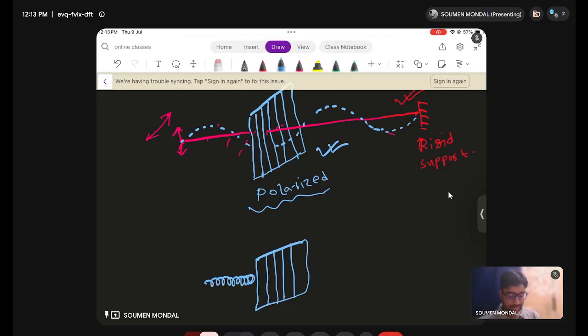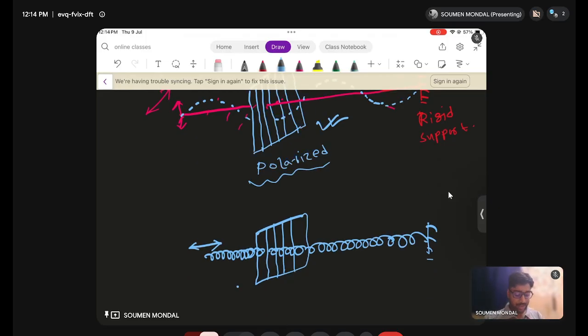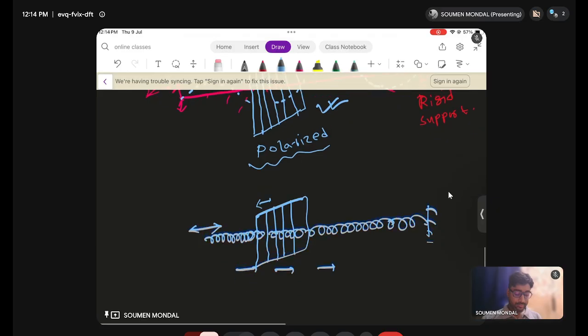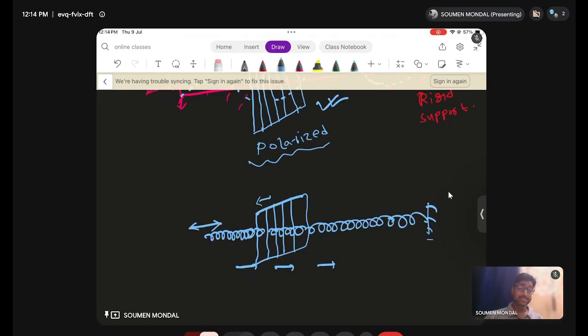The thickness of the spring is such that it very easily passes through the fence bars. A longitudinal wave, that means a series of compressions and rarefactions, travels through the spring without any obstacle, with the assumption that the thickness of the spring is less than the bar separation.